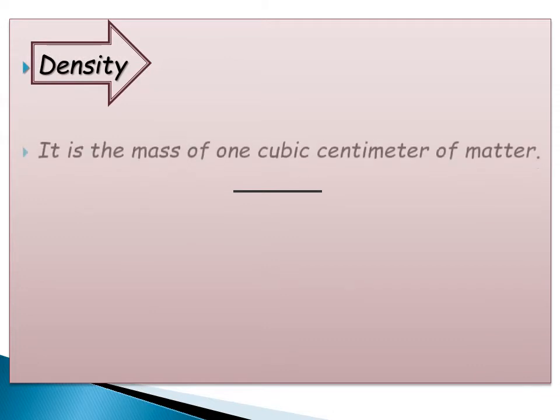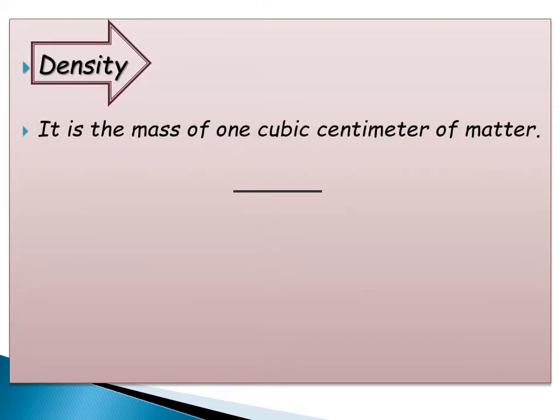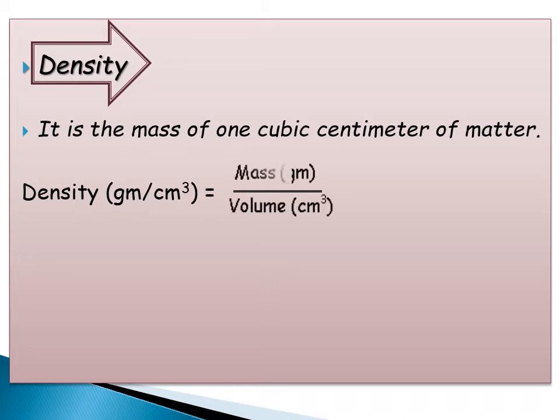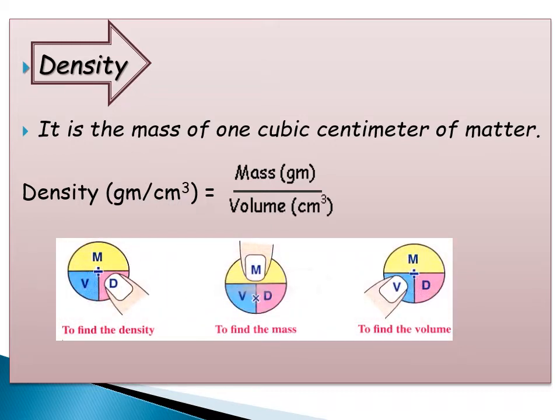So now what do we mean by density? Density is the mass of 1 cubic centimeter of matter. From this definition, we can conclude the rule, or the law, of density: density equals mass divided by volume. Mass in grams, volume in cubic centimeters, density in gram per cubic centimeter.